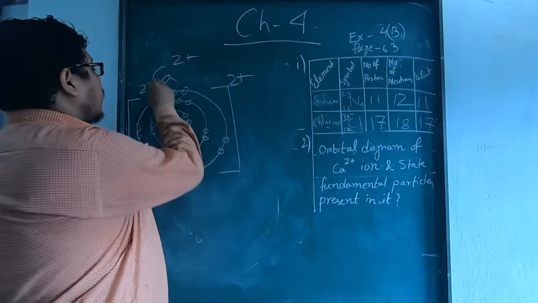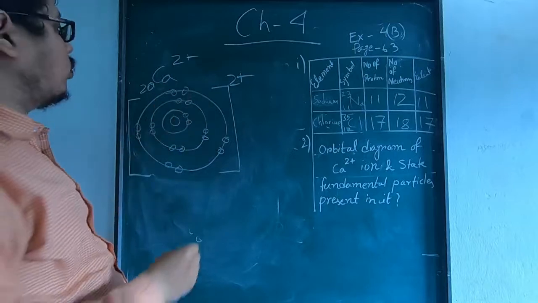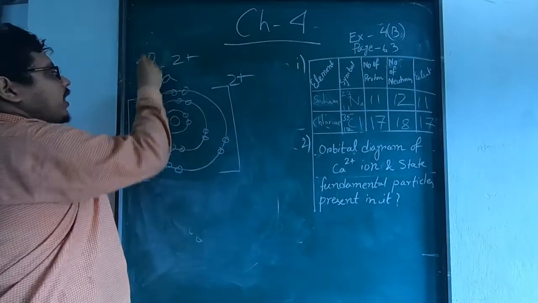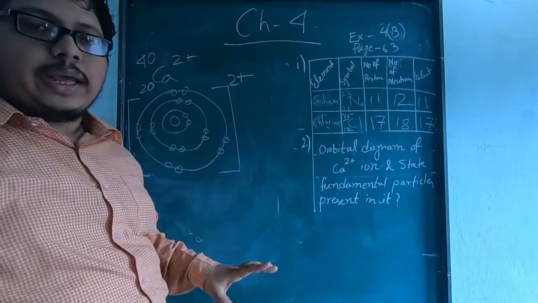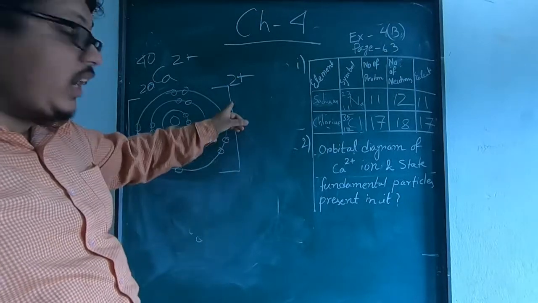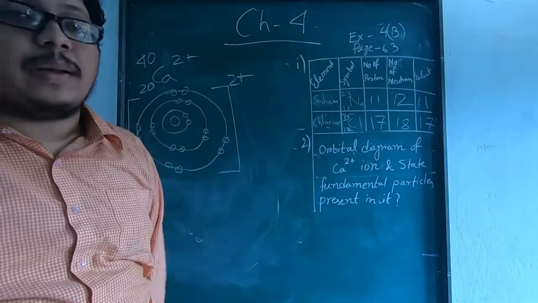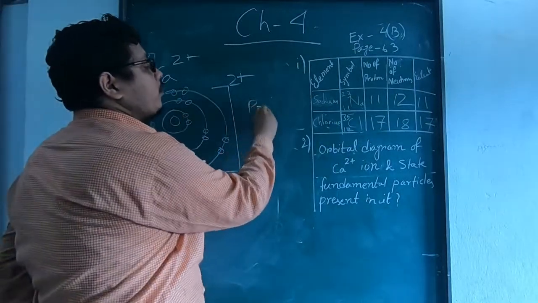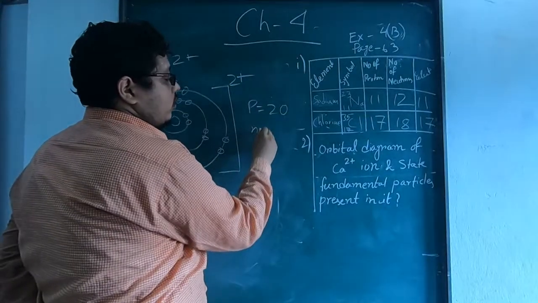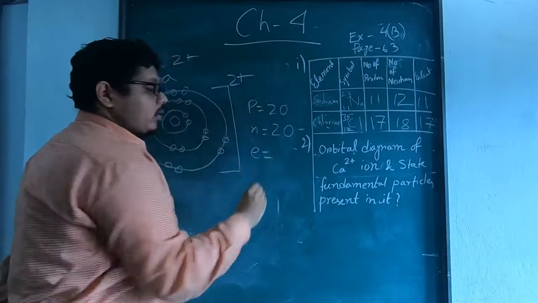So how much was the proton before? See, the atomic number will not change, the mass number will not change, because they don't depend on electrons. Okay? In a neutral atom, electron and proton are always the same. But when it becomes an ion, proton and electron are no longer the same. Proton is still 20, neutron is 20, but electron is less now.